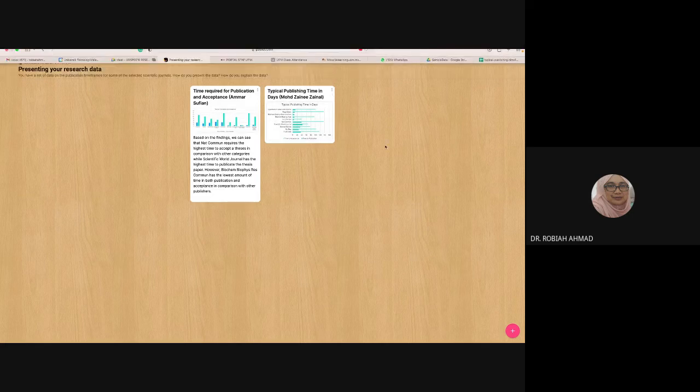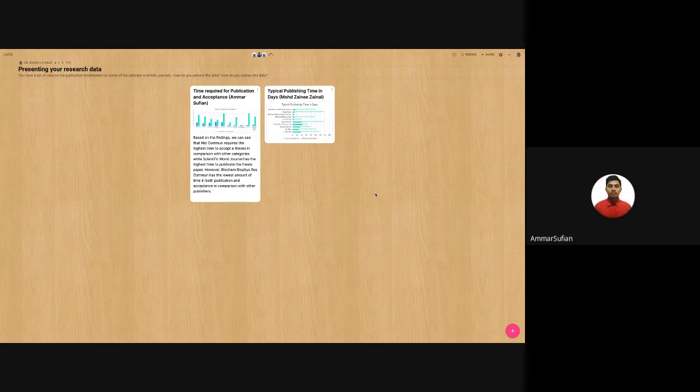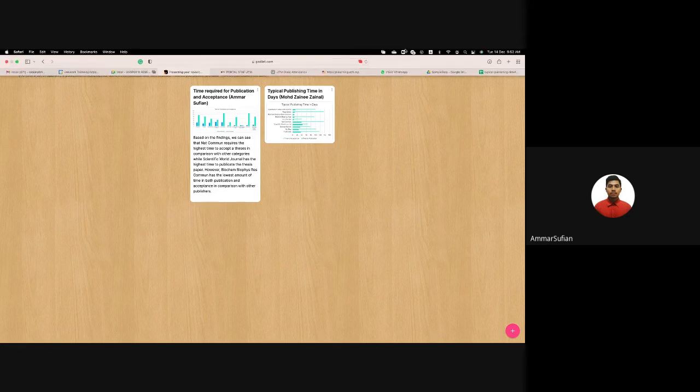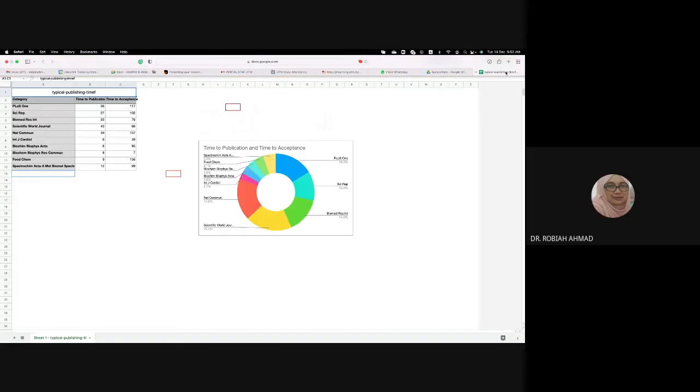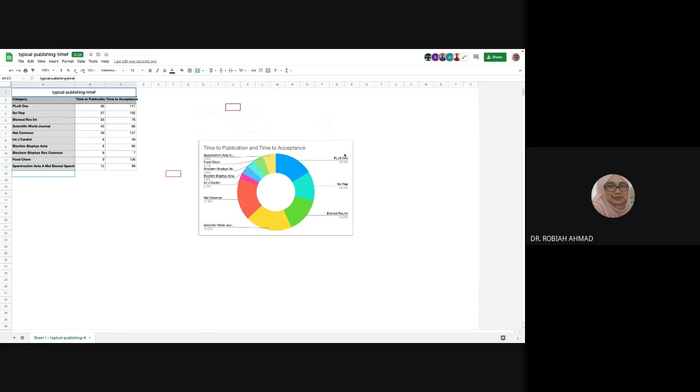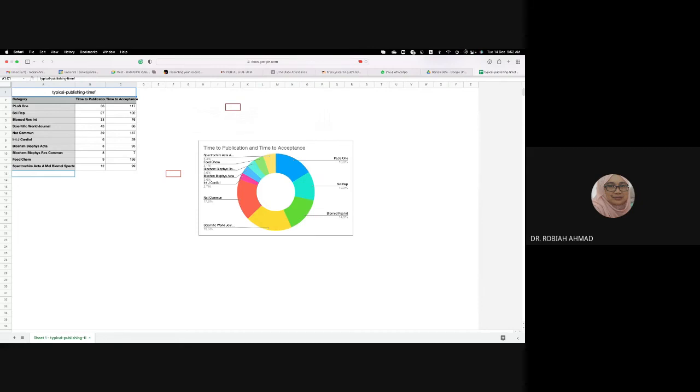Is it difficult to put your graph in Padlet class? Is there any difficulty? For me it is just copy paste. But I did not copy from Excel, I took a screenshot and then pasted it. Okay. So others have put data here. Who made this? If it is Google Sheets you can make it directly, but I have never done it in Google Sheets.